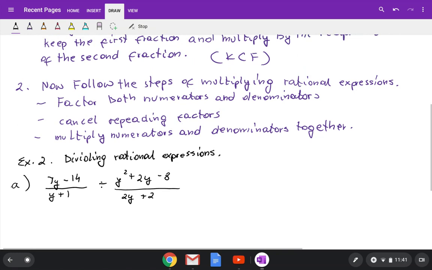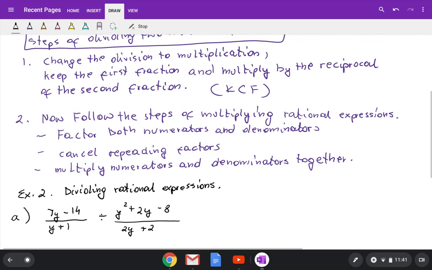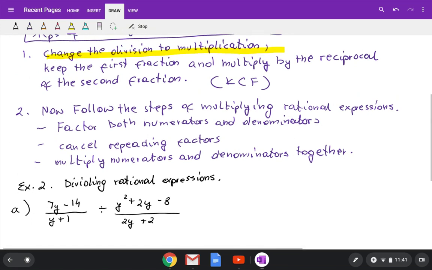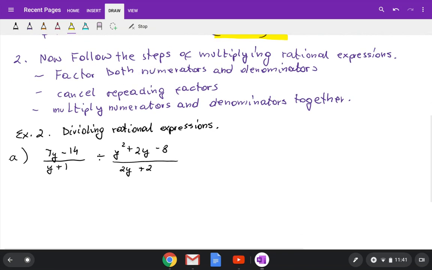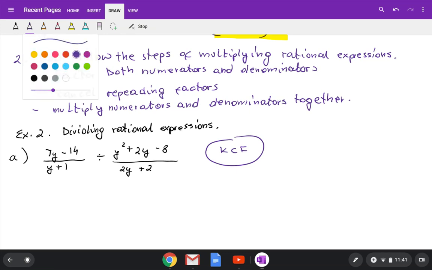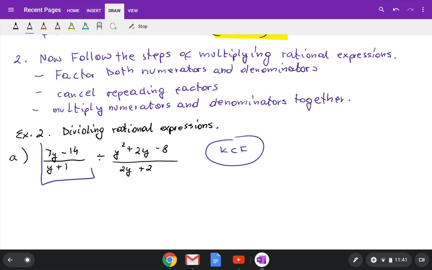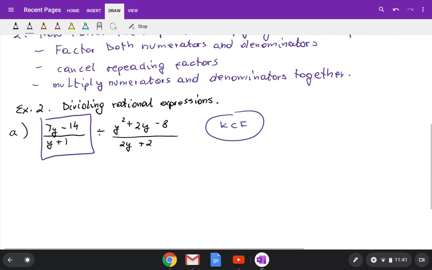So first I'm going to follow the first step, change the division to multiplication. Super important, we don't want to forget about this, by using that keep change flip. You're going to keep your original first rational expression, 7y minus 14 over y plus 1.